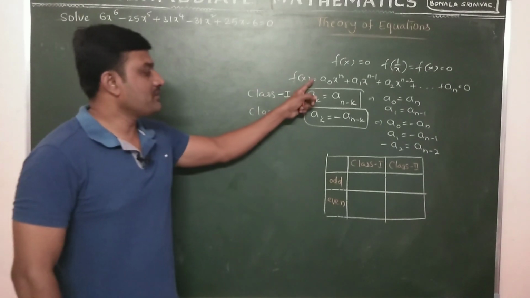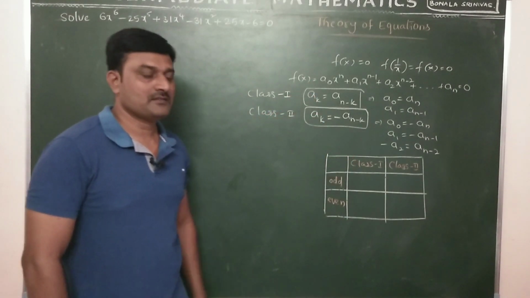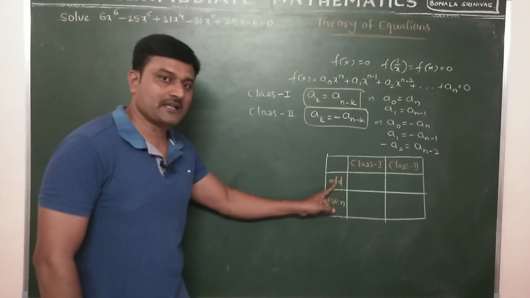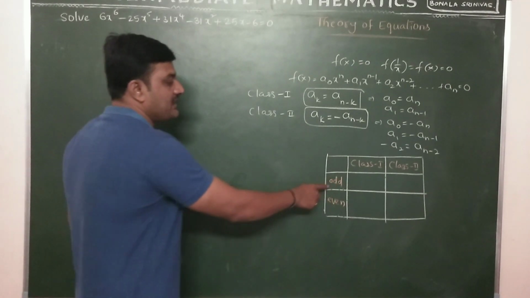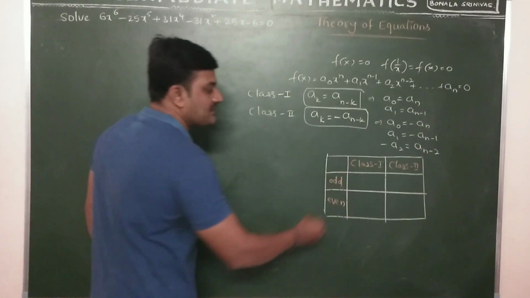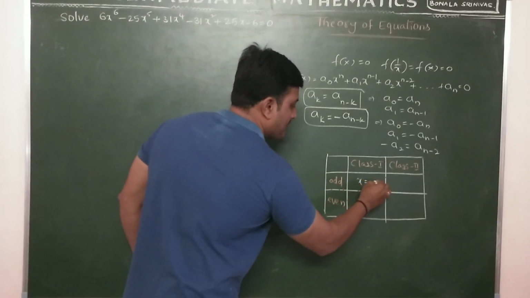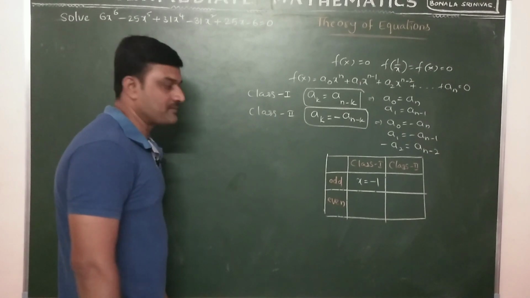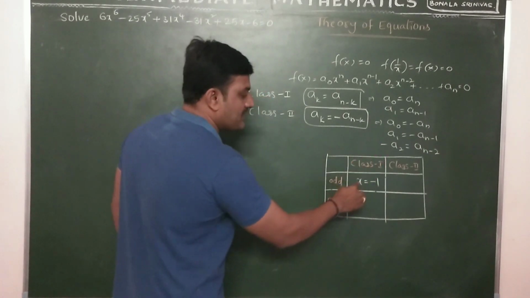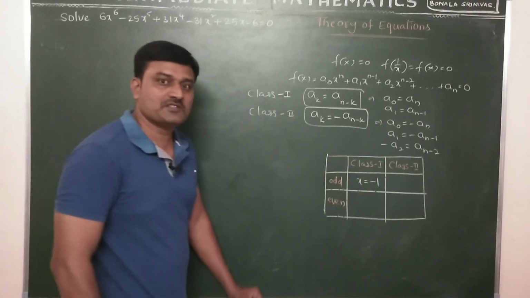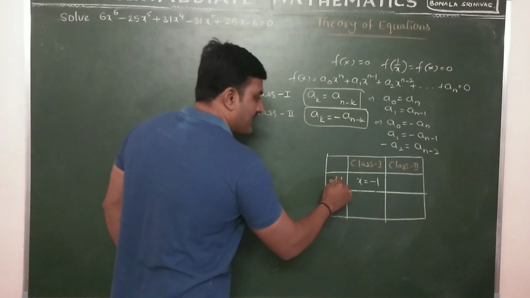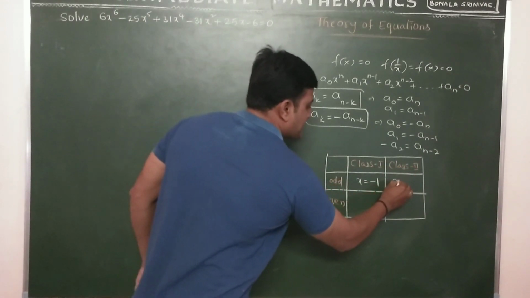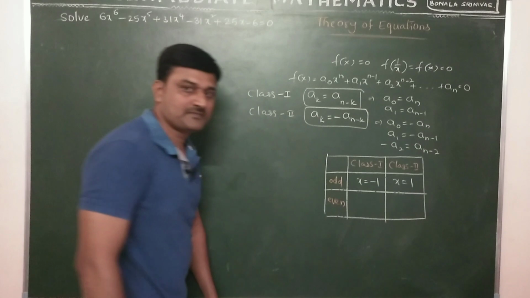Suppose the reciprocal equation is class 1 and odd degree. Then x = minus 1 directly. Just substitute minus 1, and that is 0. Then x = minus 1 is one of the solutions. If it is odd degree and class 2, then x = plus 1.